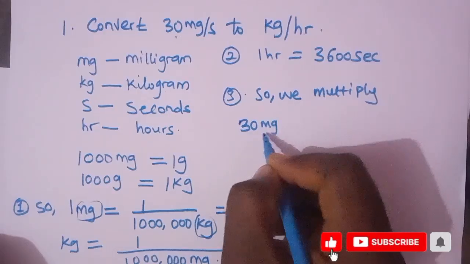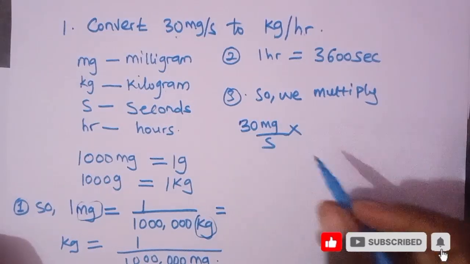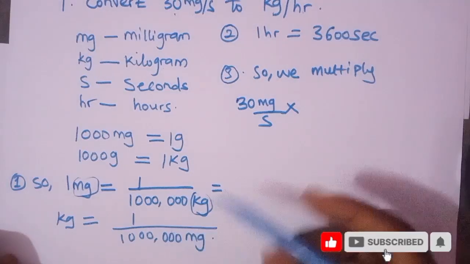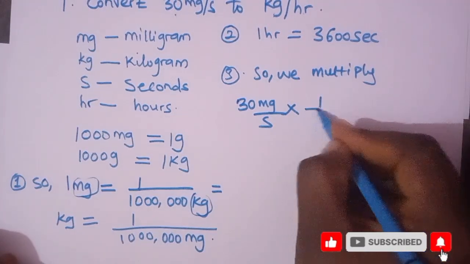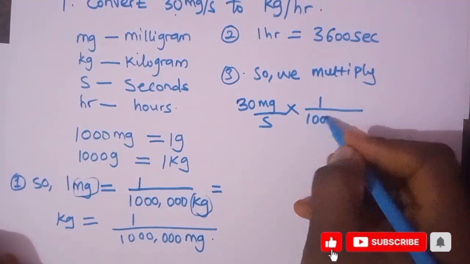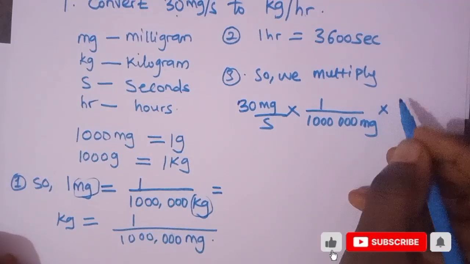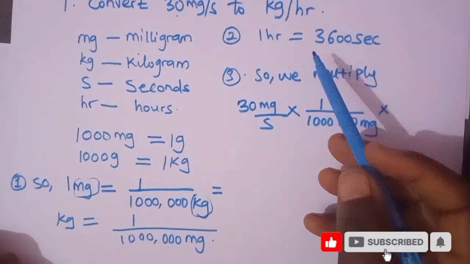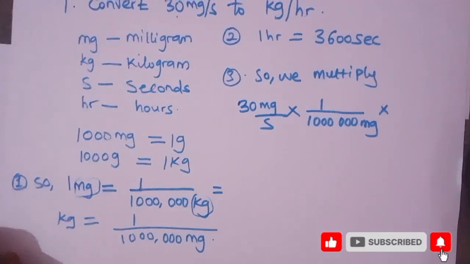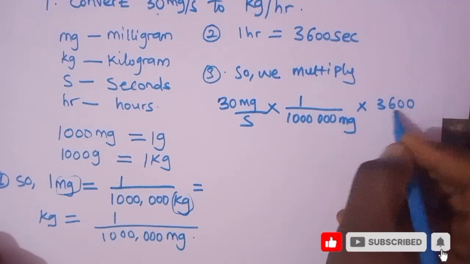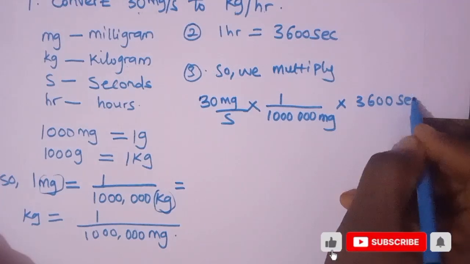30 milligram per second multiplied by kilogram, the conversion to kilogram, that is 1 over 1 million milligram, multiplied by the conversion of hour. So we have 1 hour over 3600 seconds.